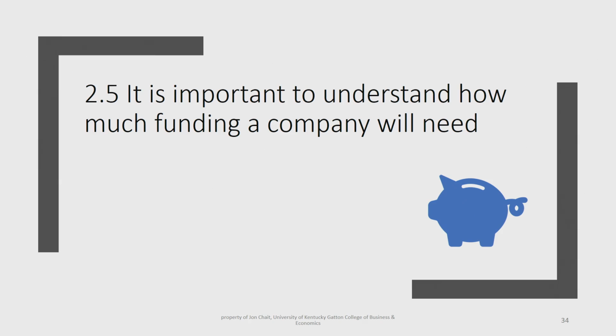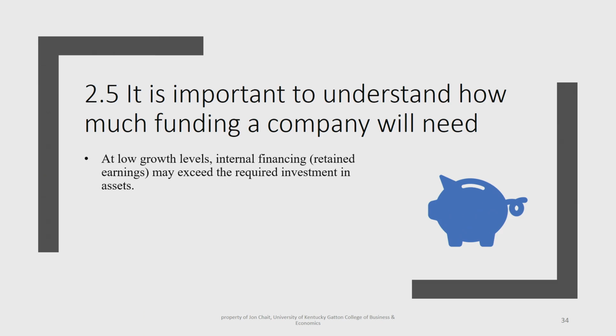So now we're going to delve a little more deeply into how much funding a company will need and how we calculate it. At low growth levels in the real world, internal financing, meaning retained earnings, is able to finance the entire business. And obviously, when we look at companies like Apple, Google, and Facebook, we know that their internal financing is completely sufficient to finance their business. In fact, they have massive and growing cash amounts.